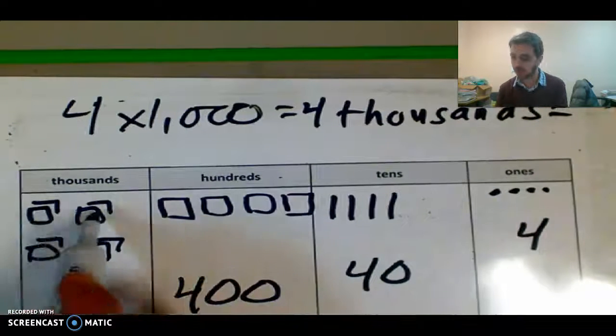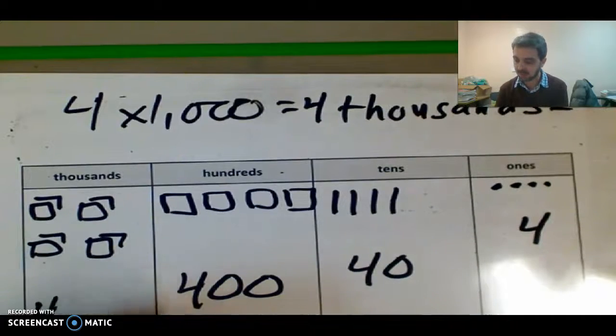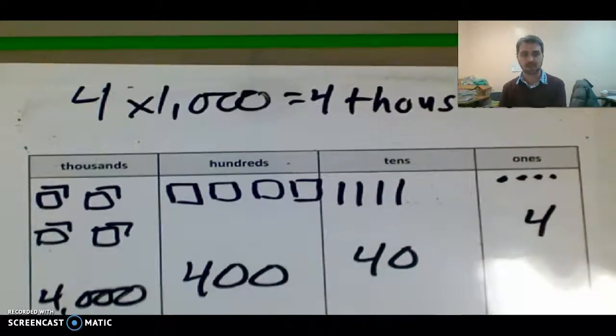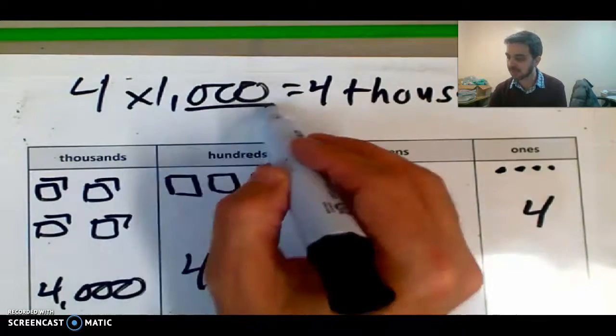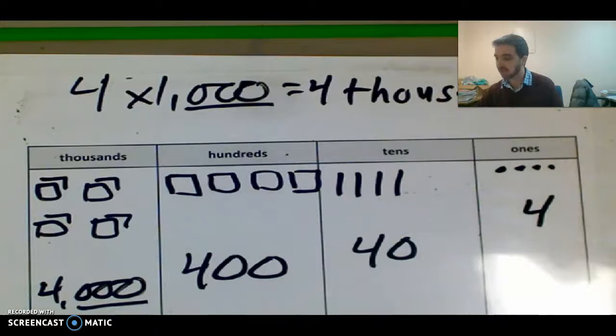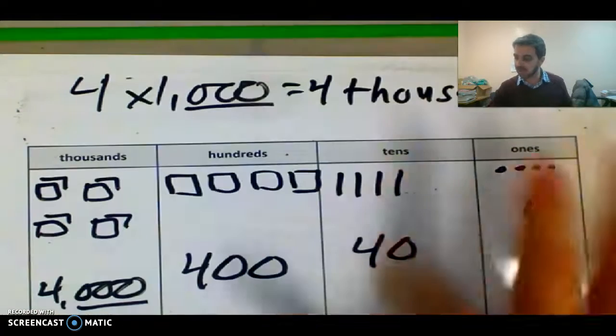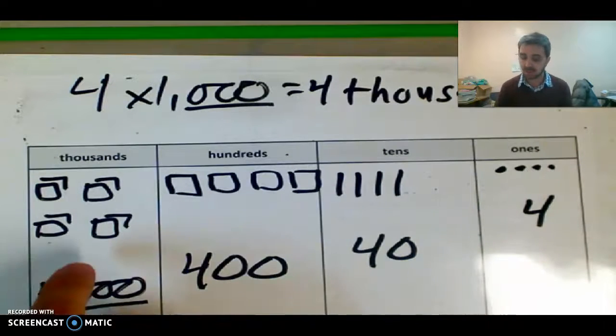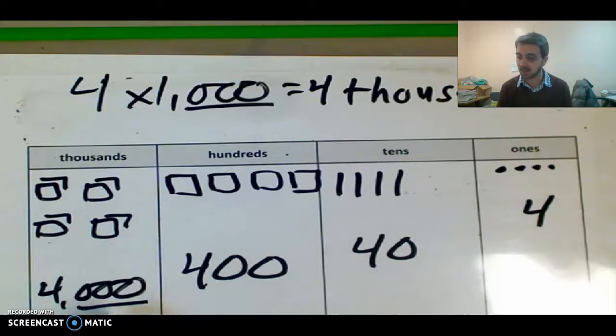So that's 1, 2, 3, 4 thousands. 4,000. Again, there's 3 zeros here and 3 zeros here. Kind of boring, I know, but this is going to pay off. Trust me, it's going to pay off. So let's look at why this works. This is why 4 times 1,000 is 4,000, because you have 4 thousands.